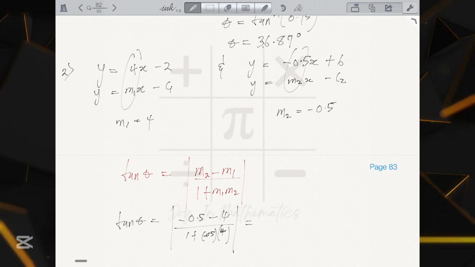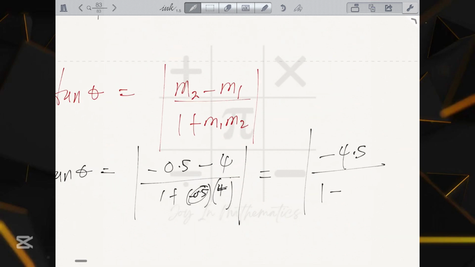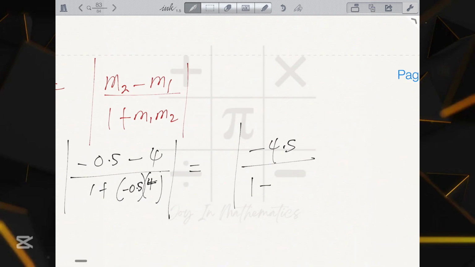So this would give us minus 4.5 divided by 1 minus... okay, let's revise this. Minus 0.5 multiplied by 4 gives us minus 2.